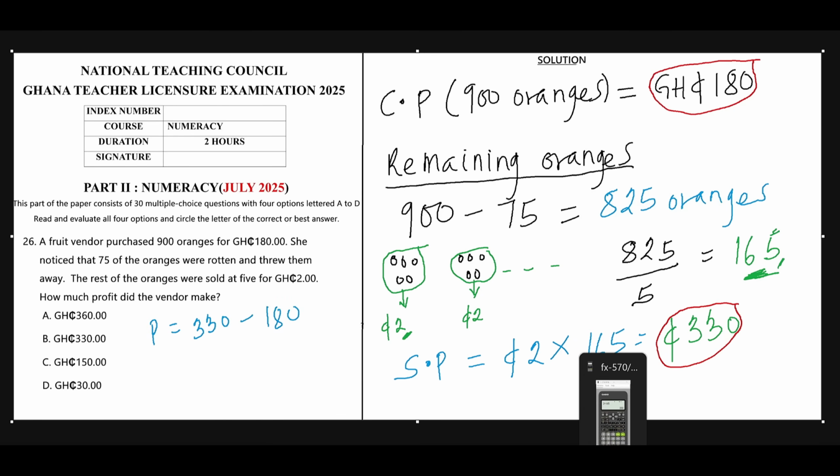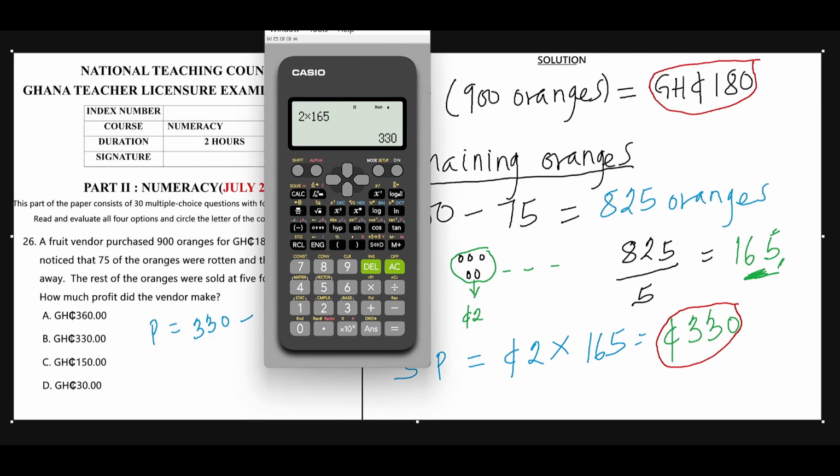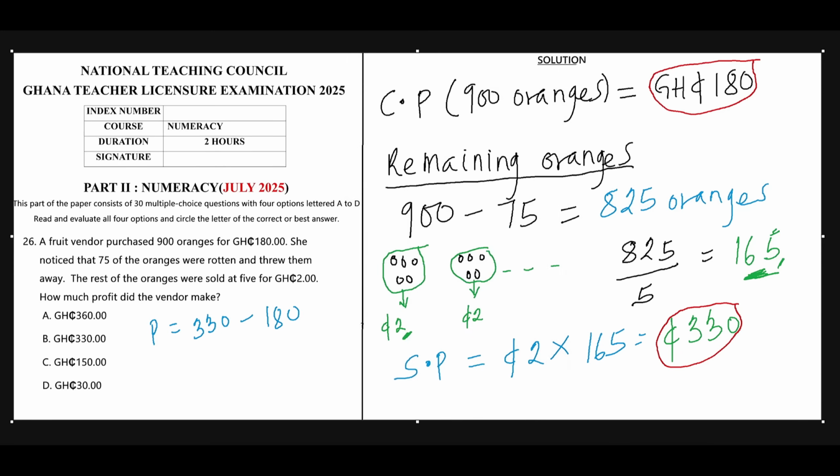So 330 minus 180 is 150. So the profit she made was 150 Ghana cedis. So that is option C.